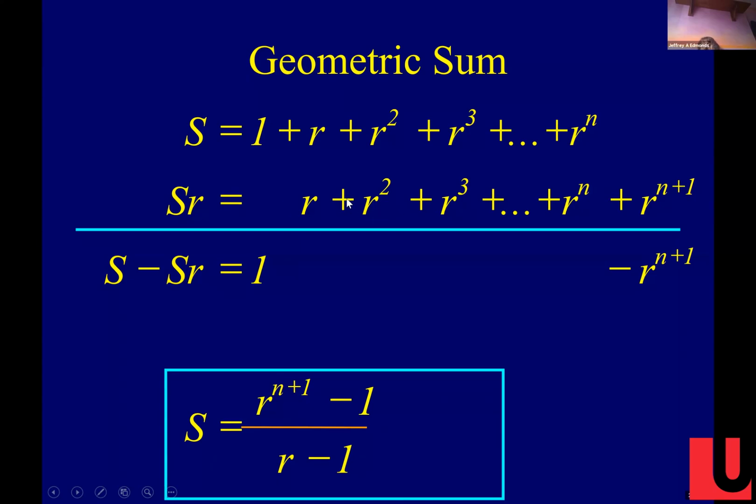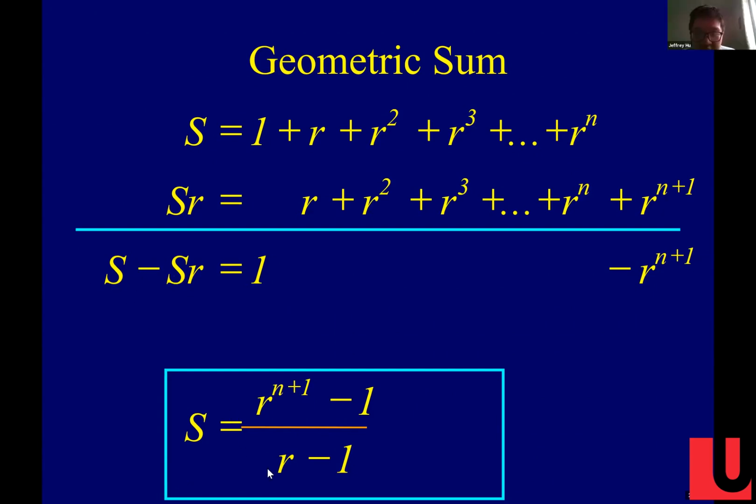But I shifted them. Why? Because now if we take this minus this, what do we get? We get 1 minus this last guy. And so then we can solve for s.